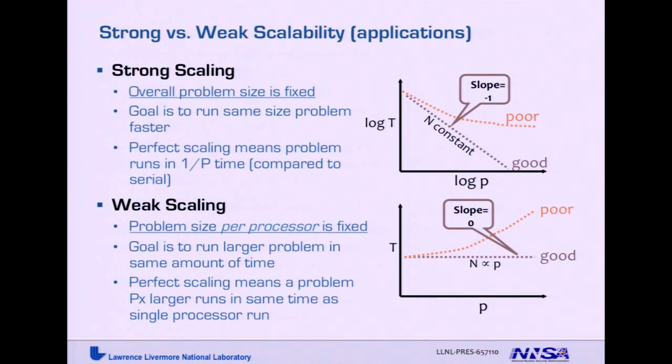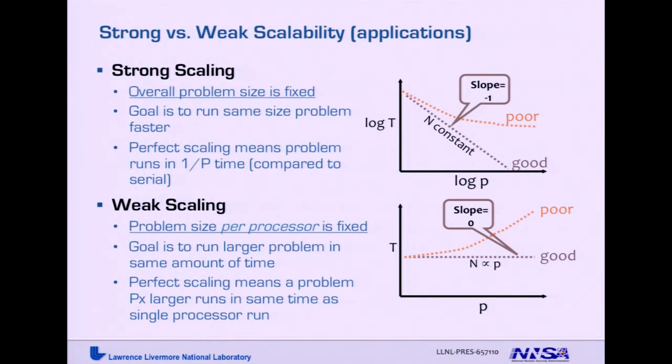Now, if your code or application doesn't scale well, what you'll see is that as you add more and more processors to it, the time to solution begins to level out, and in a lot of cases will actually go up. There are a lot of examples where at some point you throw more and more processors at a given problem size and it'll actually run slower. And that's non-scalable algorithms.